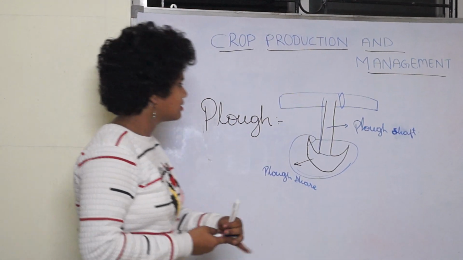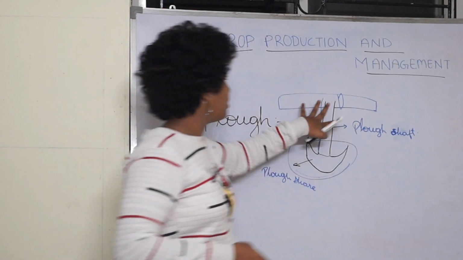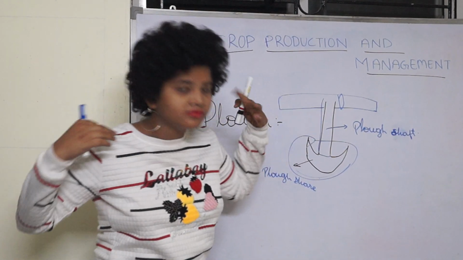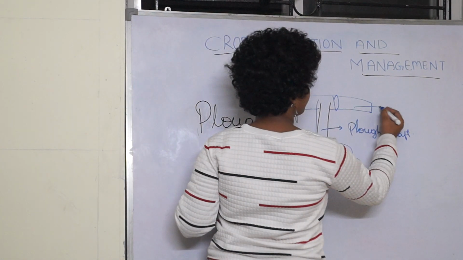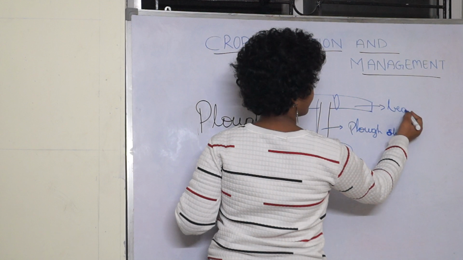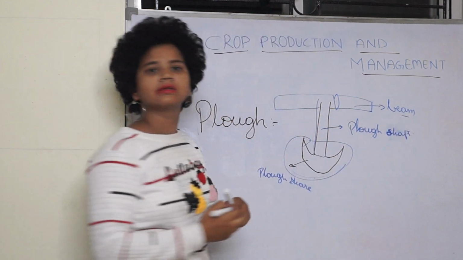This is the process of loosening the soil. The log which is kept on the necks of the animals is called the beam.